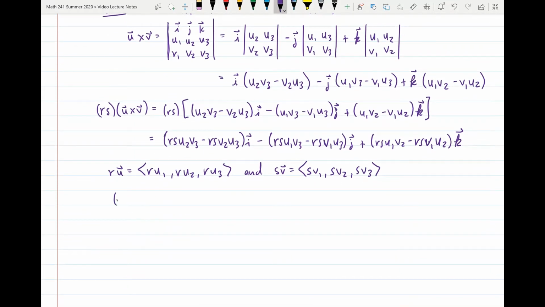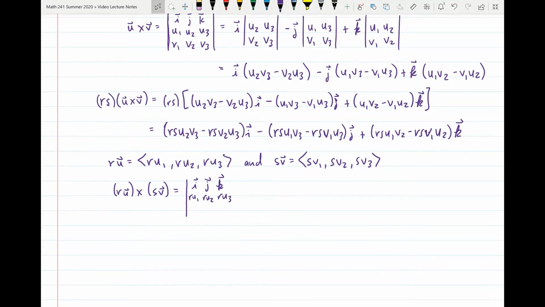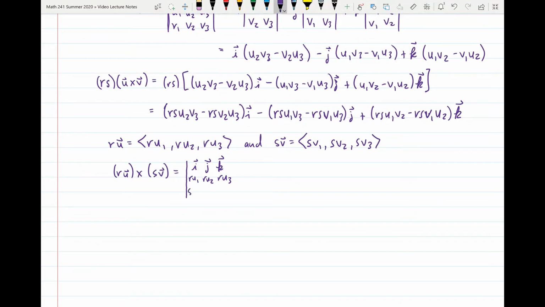So now let's find ru cross sv, and to do that we're going to calculate the determinant again of this 3 by 3 matrix. So we have ru1, ru2, ru3, and then sv1, sv2, sv3.